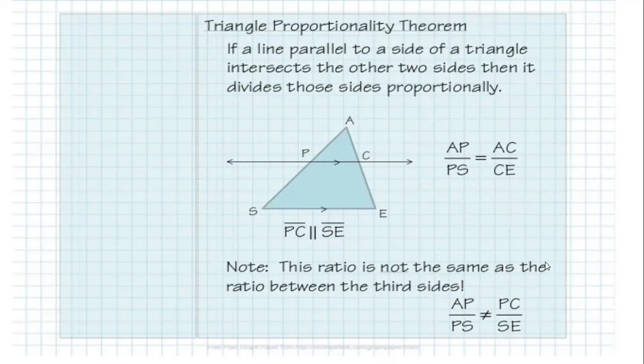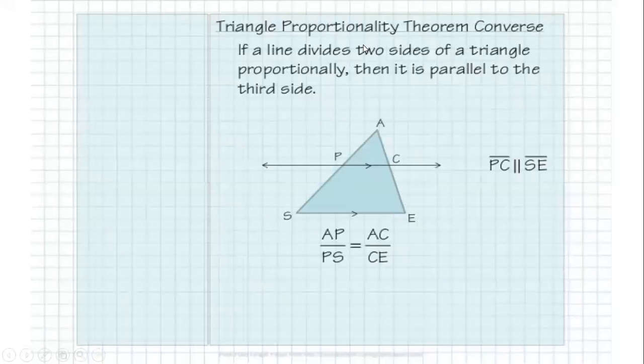Still looking at the same proportionality theorem, if a line divides two sides of a triangle proportionally, then it is parallel to the third side. Of course, this is true.